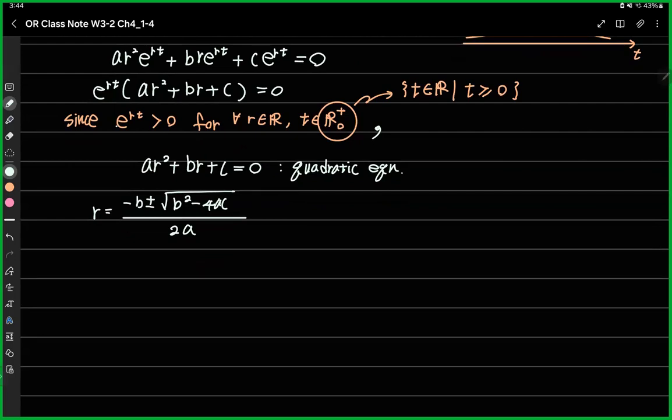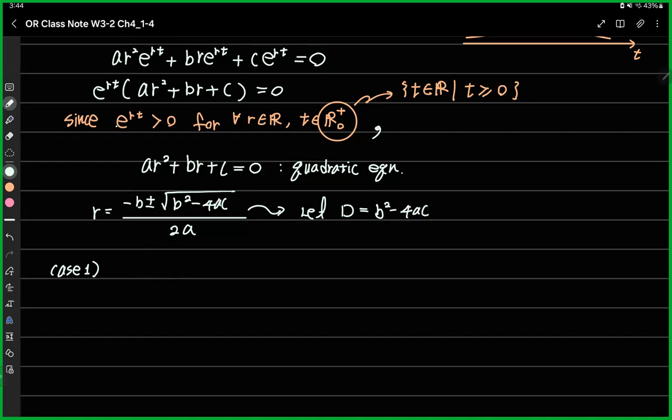So which means that what? See, we got this one, 3 cases. Case 1, b squared minus 4ac. Let's say D is set to b squared minus 4ac.